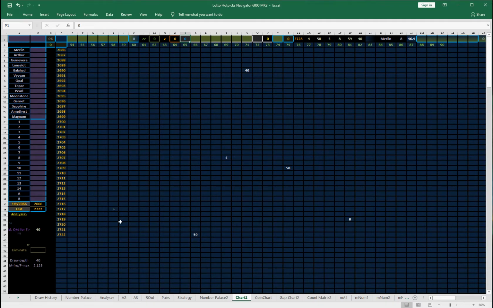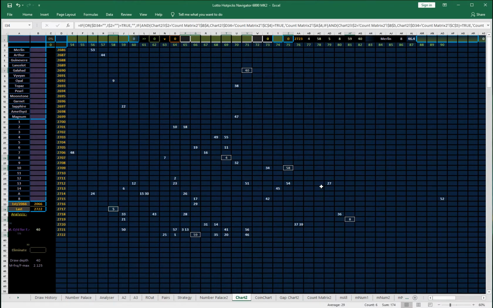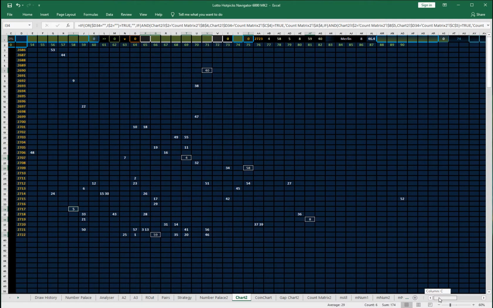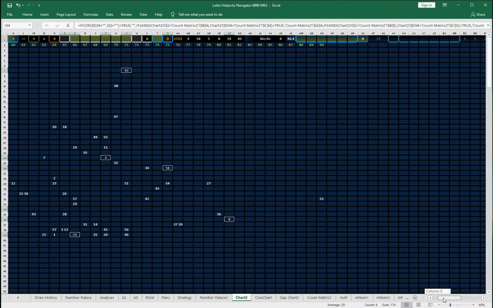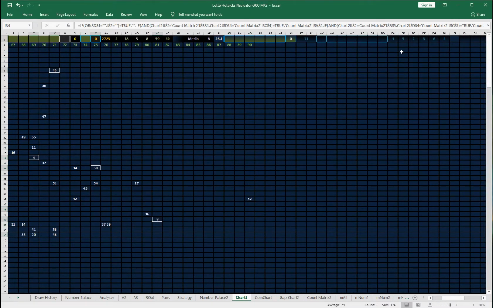So this is where the numbers are. So now you can see where they are. Okay, and if we move over to this section, we can also see what order I've put them in.